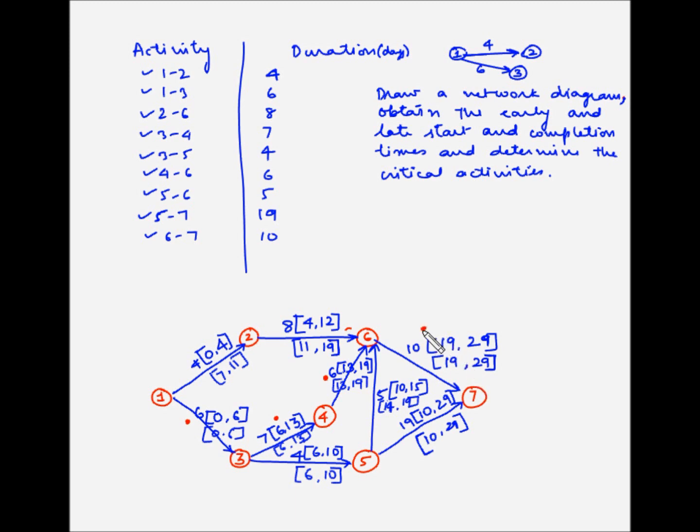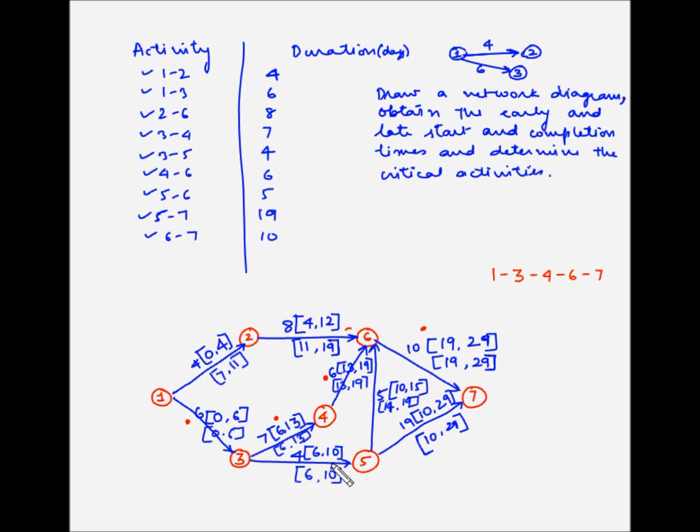So this also is on the critical path. So we have this set of critical activities starting from the first node and ending at the last node, which is 1 to 3, 3 to 4, 4 to 6 and 6 to 7. So this becomes the critical path 1, 3, 4, 6, 7. Now let us also evaluate the other path.